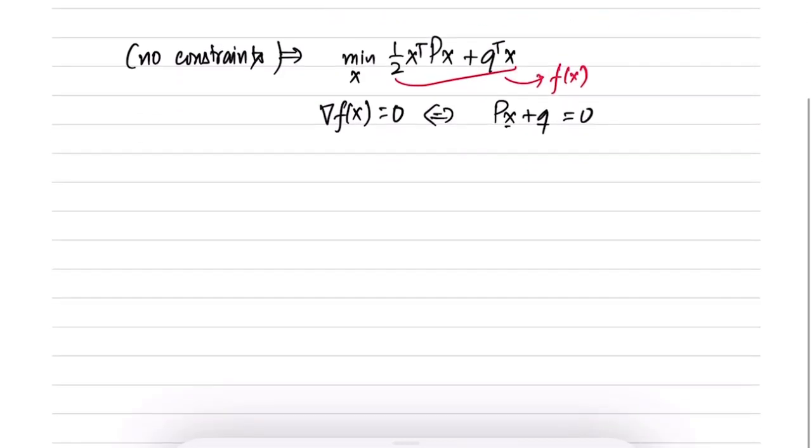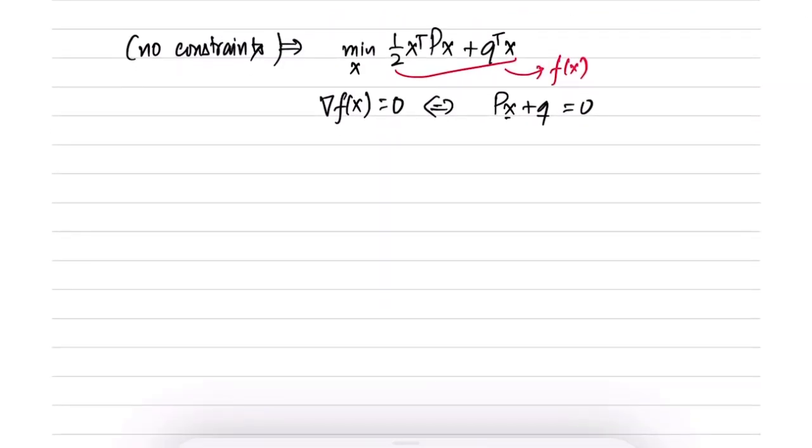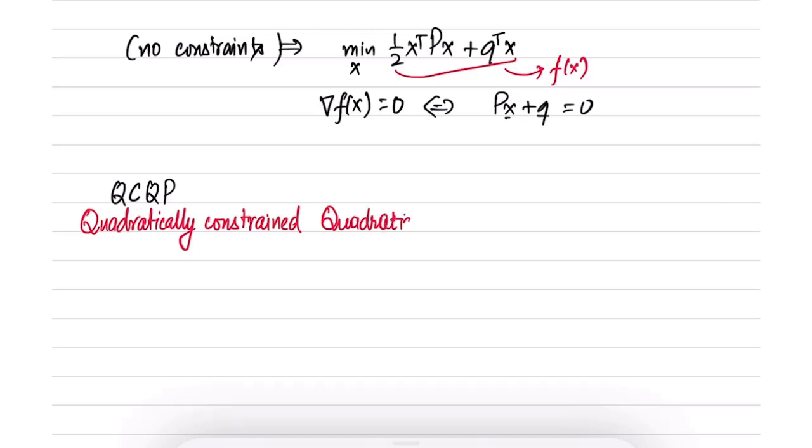There is also a related problem, which is that of the quadratically constrained quadratic program. As you can guess, it is simply a QP, but instead of linear constraints, we have quadratic constraints.